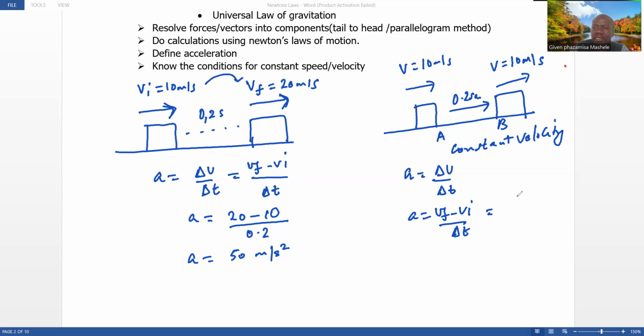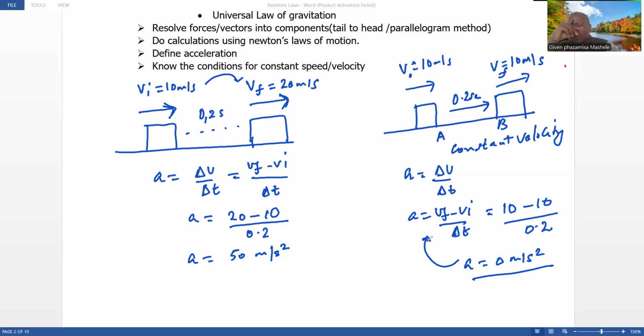Final is 10, initial is also 10, so it's 10 minus 10 over 0.2 seconds. What is the acceleration now? 0. So we can ask ourselves, what causes the acceleration to be 0?